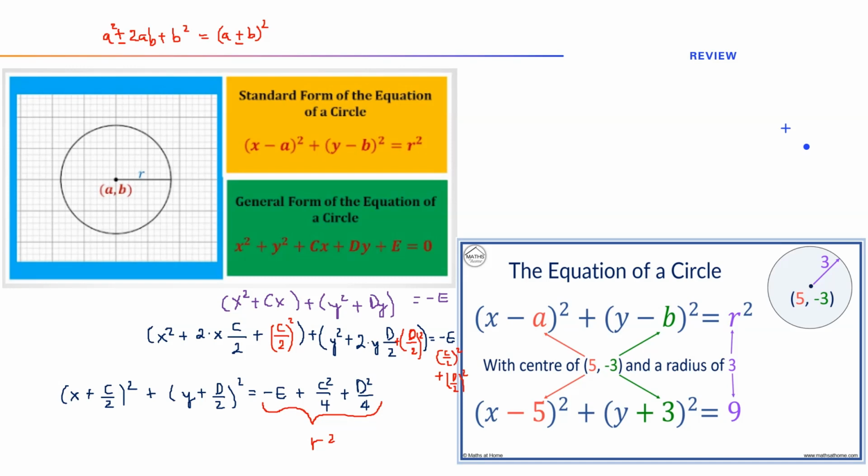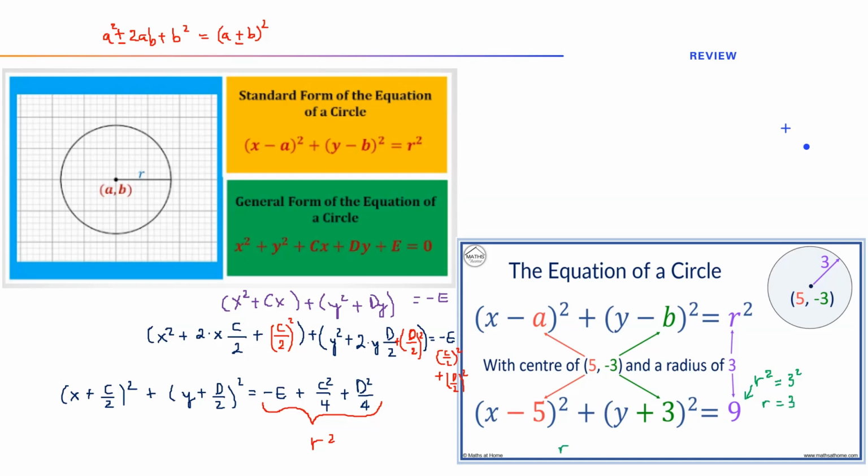The common mistake in this type of question is when they're asking for the center of the circle or the radius of the circle. First of all, we forget that if we have 9, we have to rewrite it as r squared. It means we have to rewrite it as 3 squared, and then r equals 3.